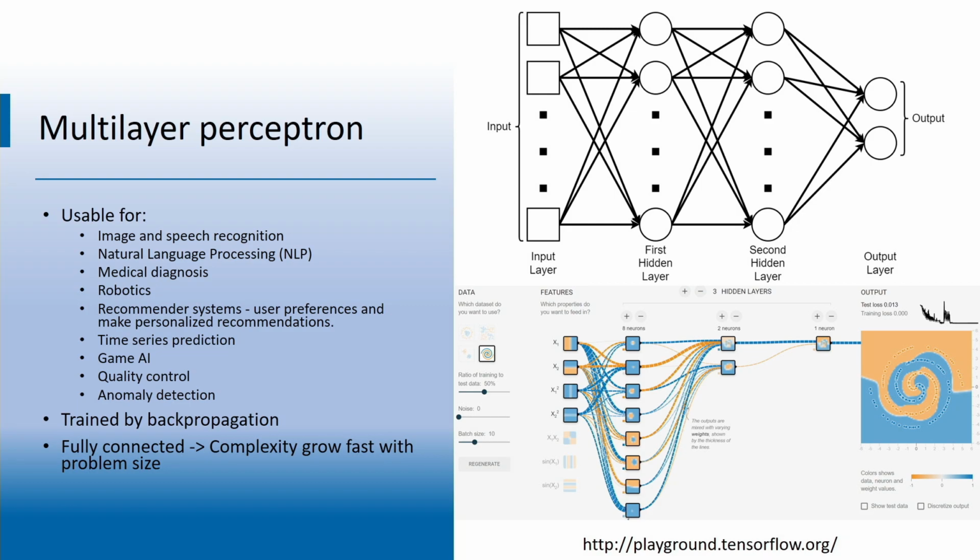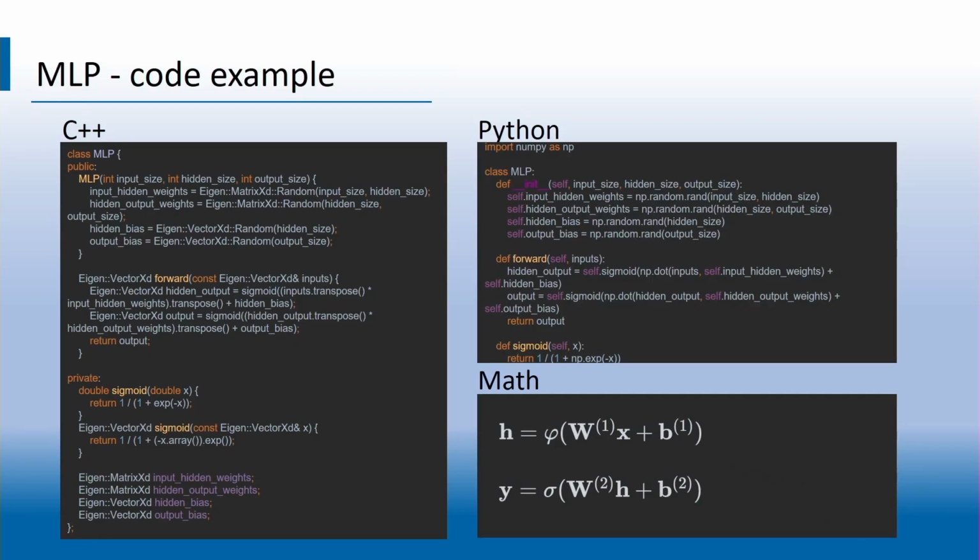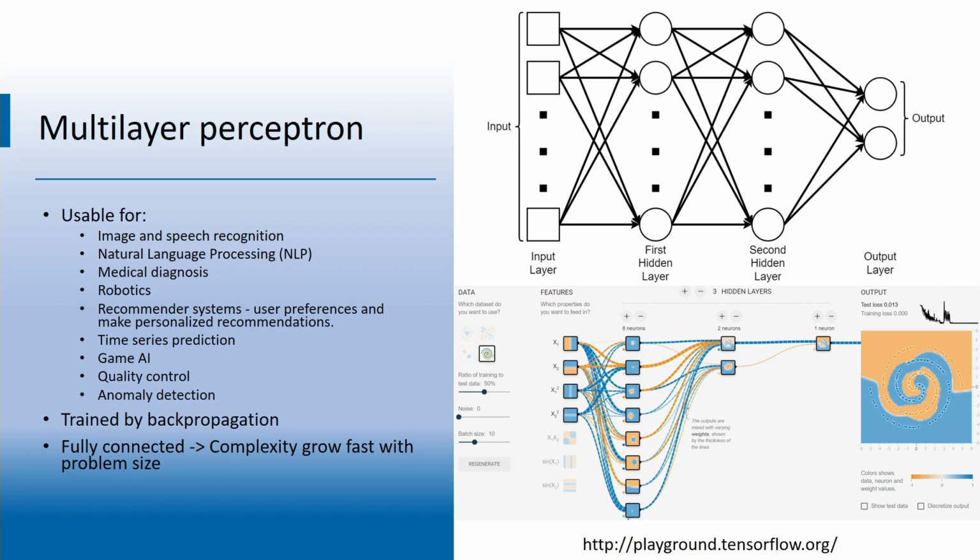But the problem is both training and complexity, because it involves several layers of fully connected neurons. Each neuron in one layer is connected to each neuron in the next layer, which means that if you want to analyze a full picture or video, you need a lot of variables that you have to train, and this can be a problem.